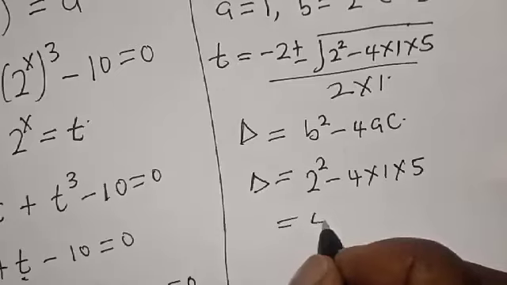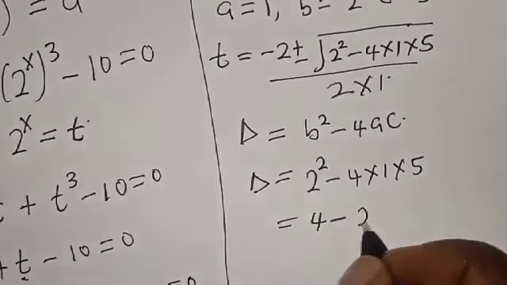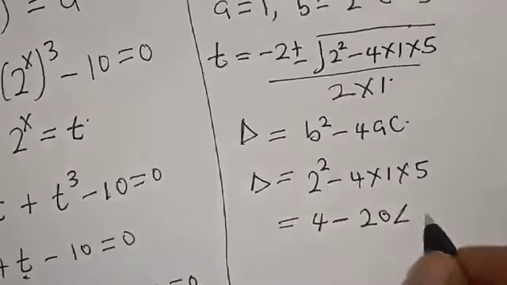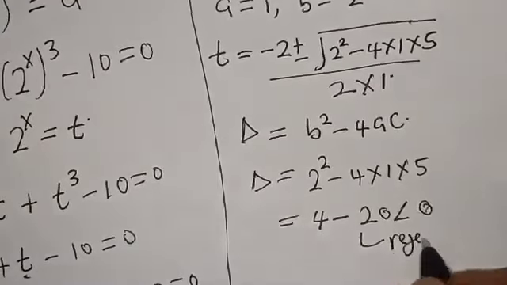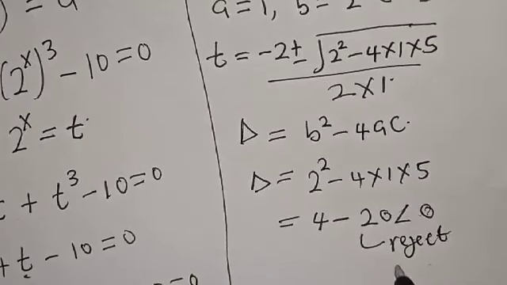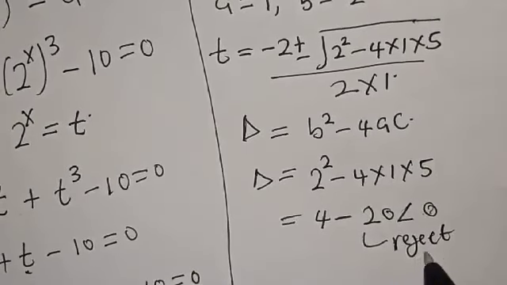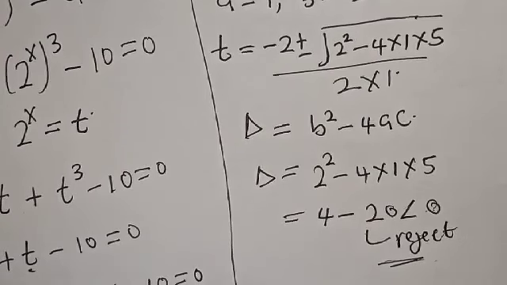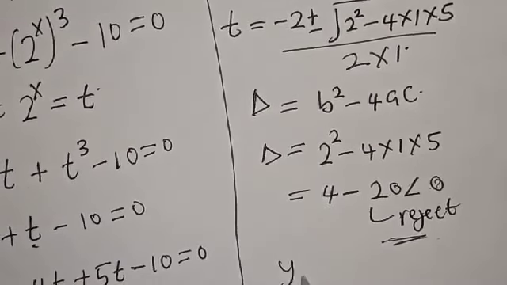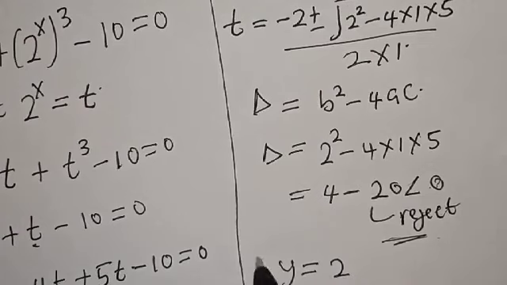This is 4 minus 20, which is less than 0. Now we reject this because we are looking for the real value of x. Therefore, the real solution we have is t is equal to 2.